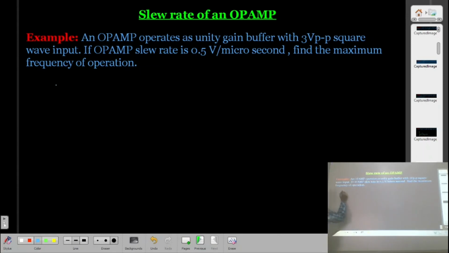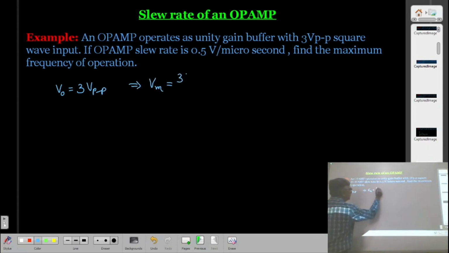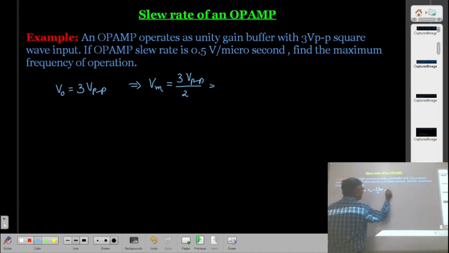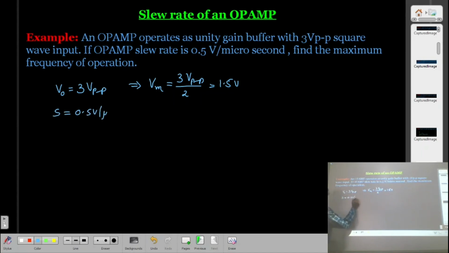In this example, the output voltage is given as 3 volt peak to peak. It means my maximum voltage, or the peak value, will be 3 volt peak to peak divided by 2, and that is 1.5 volt. Correct? Slew rate is given as 0.5 volt per microsecond. Find the maximum frequency of operation.